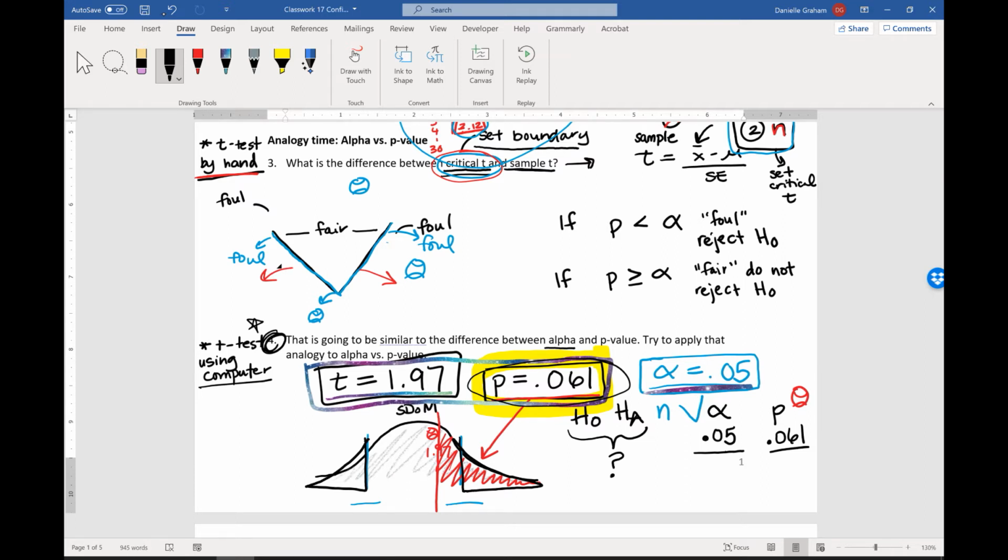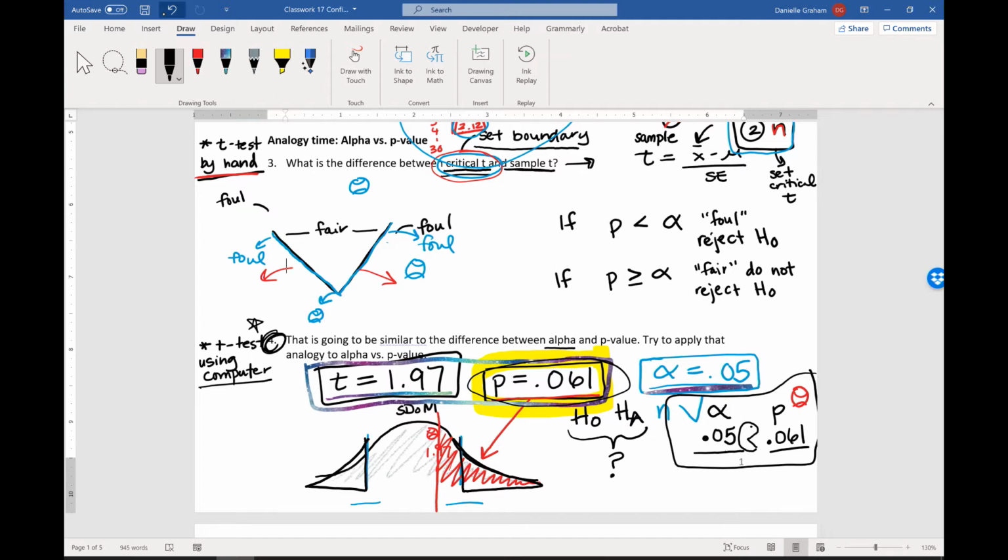In this case, let's look at our p-value and our alpha. Which one's bigger? Which one would Pac-Man want to eat? Because he wants a bigger meal. 0.061 is bigger than 0.05, right? If we were comparing 61 versus 5, that's actually not true, but 0.061 versus 0.05, this one's bigger, right? 6 is bigger than 5.